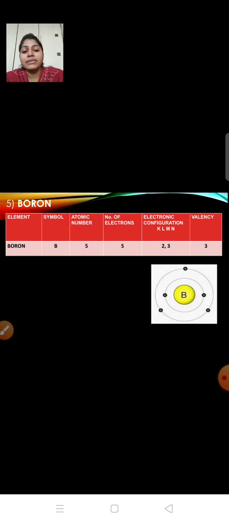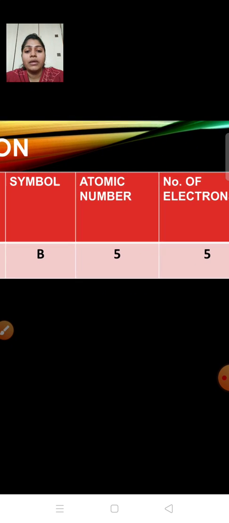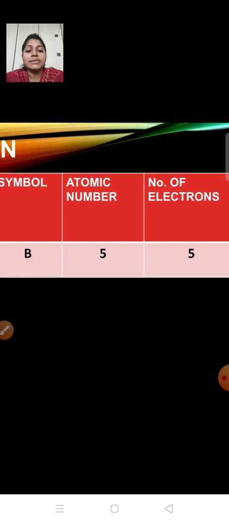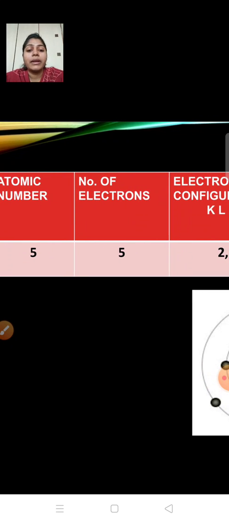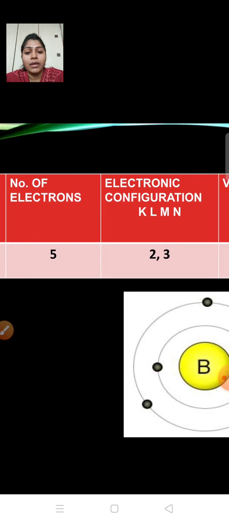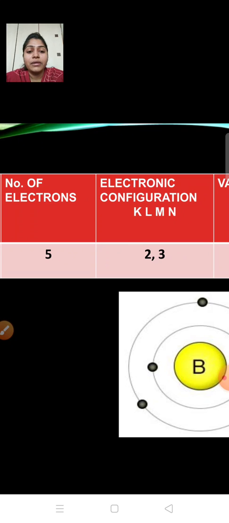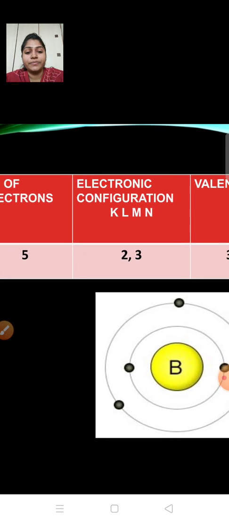Next element is boron. The symbol of boron is B. Atomic number is 5. Number of electrons 5. Out of 5, 2 electrons will occupy K shell and the remaining 3 electrons will occupy L shell.